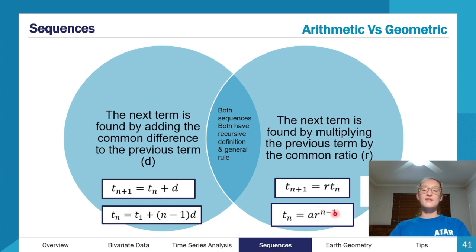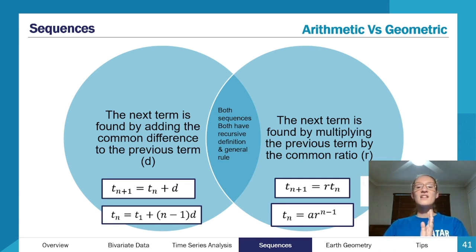Because this is to the power of n take 1, sometimes it can be a little tricky to solve for the unknowns if you don't know what n is. So if you ever are trying to solve for n, it's probably best to do it more by trial and error and substitution. So what if we said let n equal 12 and you see if that fulfills your rule? That might sound a little bit vague, but don't worry, I've got an example that'll help explain that further a little bit later.